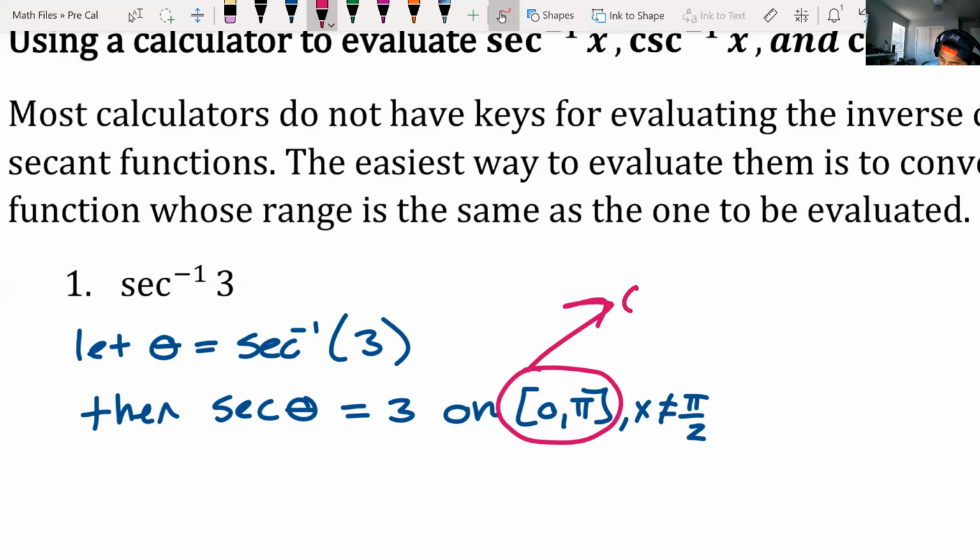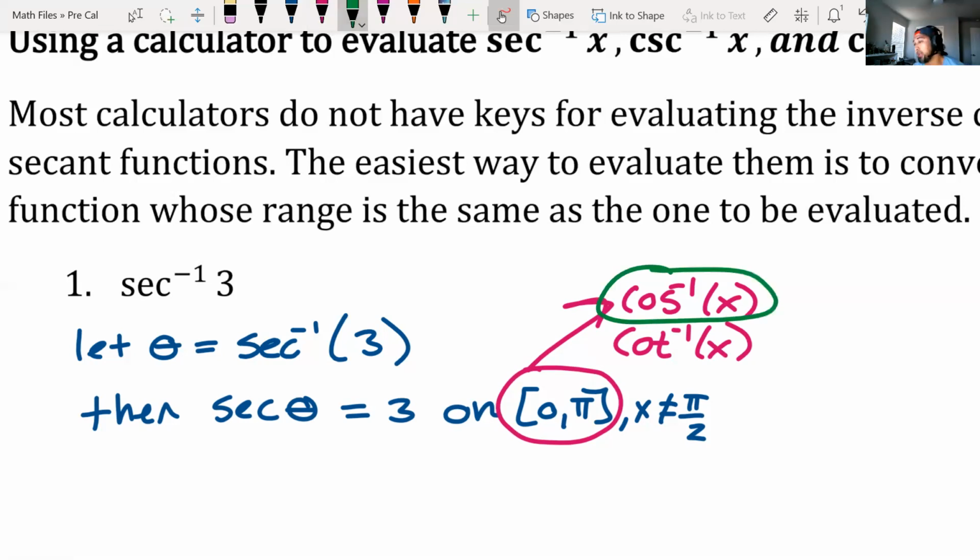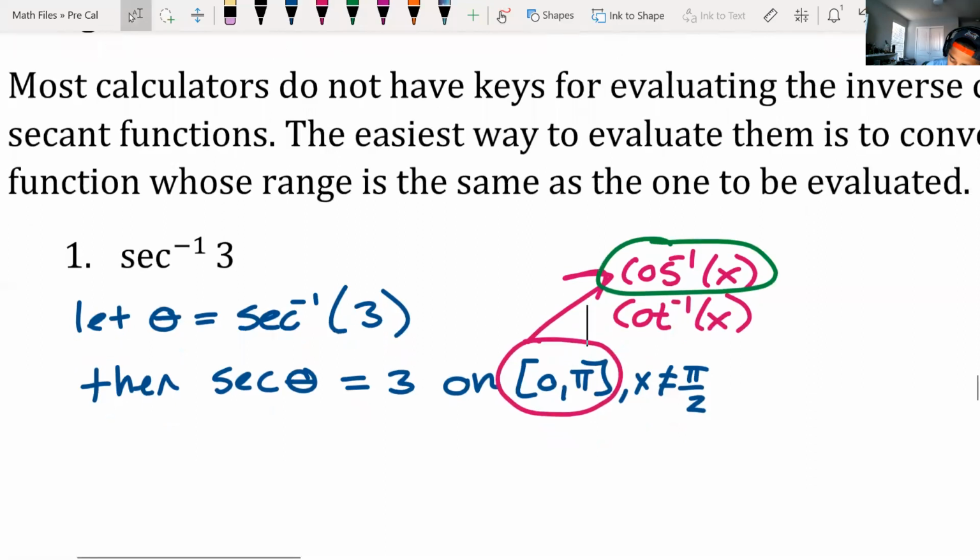Cosine and cotangent, right? It just has to be similar. And now we ask ourselves, is it easier to change secant into cosine or secant into cotangent? Secant into cosine. Good. So we are going to choose the inverse cosine, and I'll show you how to get there.